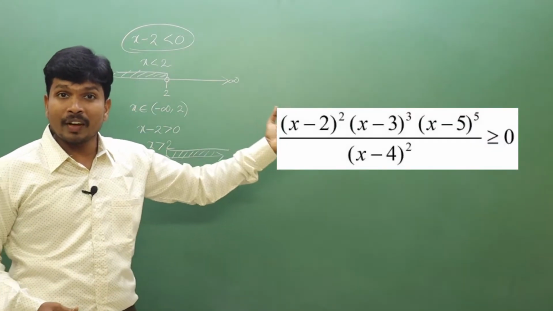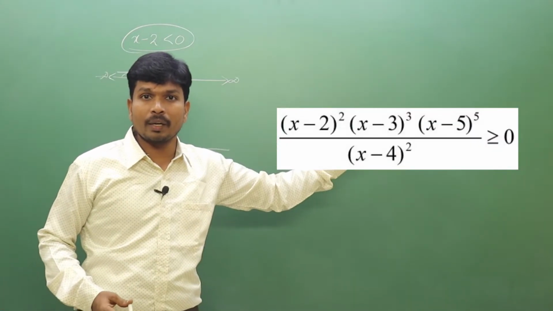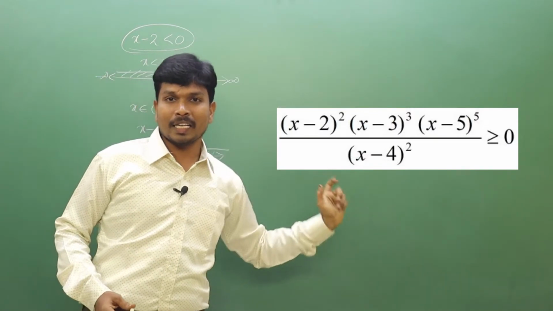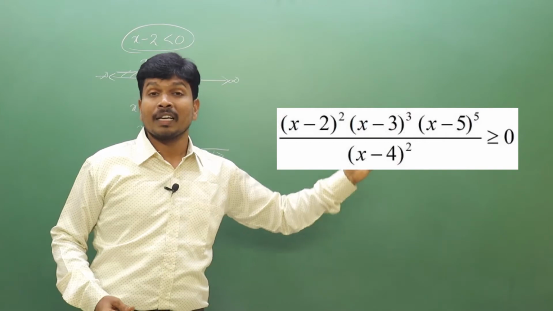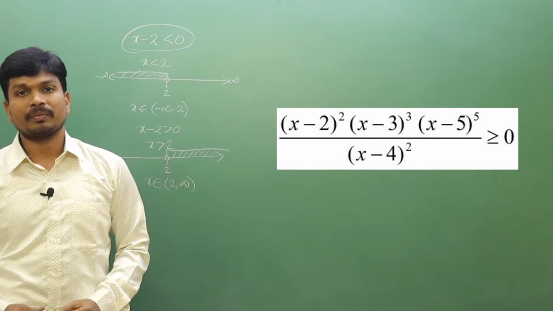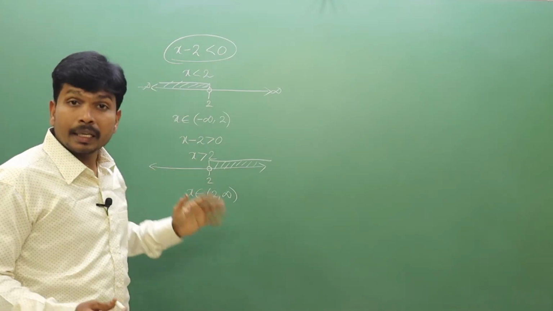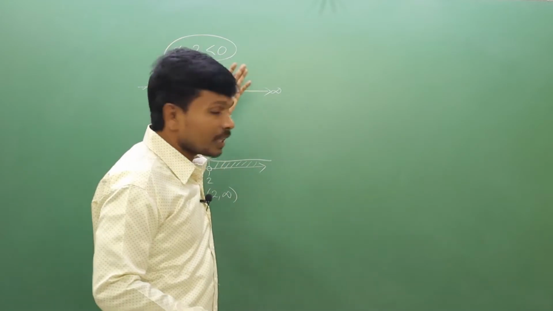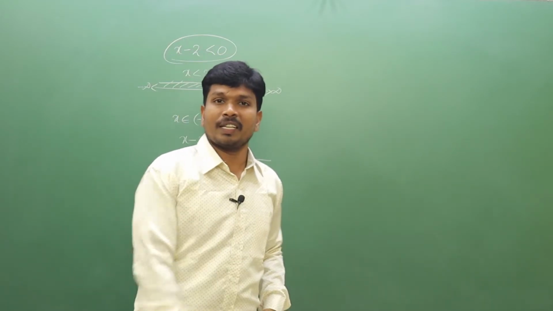Or x minus 2 whole square into x minus 3 whole cube into x minus 5 whole power 5 whole by x minus 4 whole square greater than or equal to 0. How to find those values? By checking like this it is too difficult. Such kinds of problems we can do with the help of the wavy curve method. That we will discuss now.